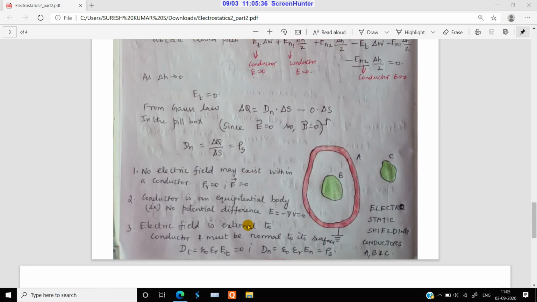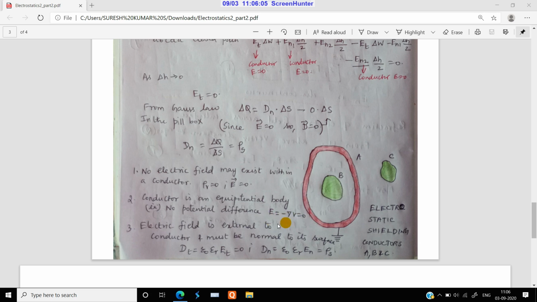This is also going to be written as rho s. From this we can conclude three points. First, no electric field may exist within a conductor, so rho v, that is the volume charge density, is equal to 0, and the electric field is equal to 0. Second, a conductor is an equipotential body, because this particular conductor has no potential difference, that is, the electric field is equal to 0, so the potential difference is also going to be 0.